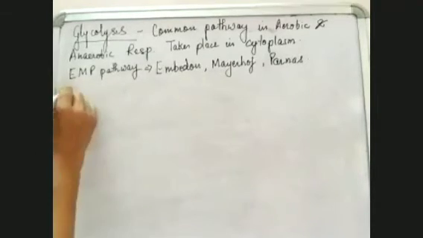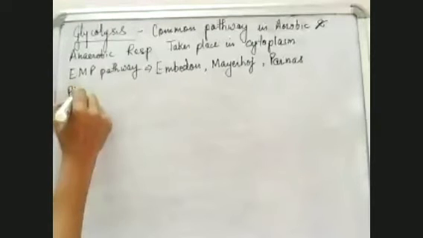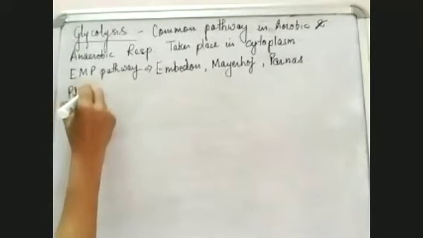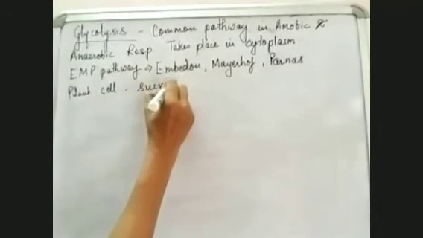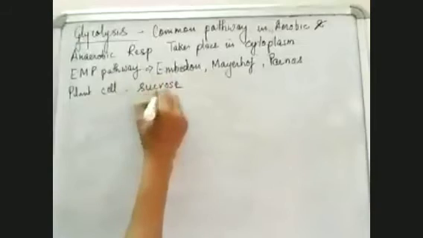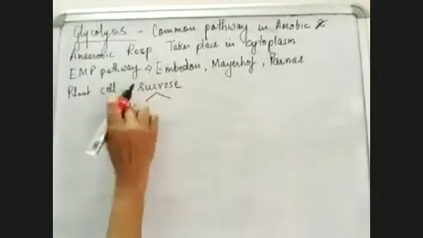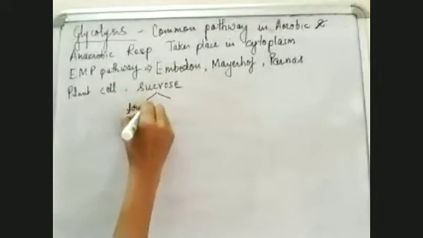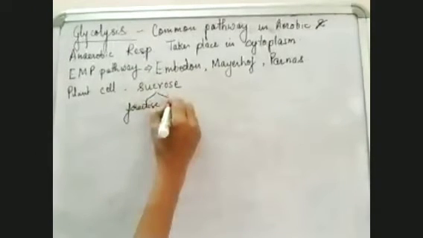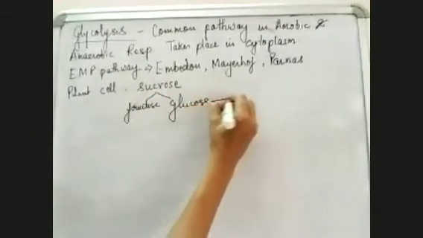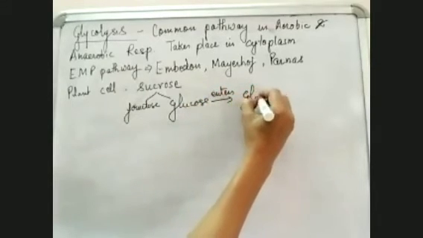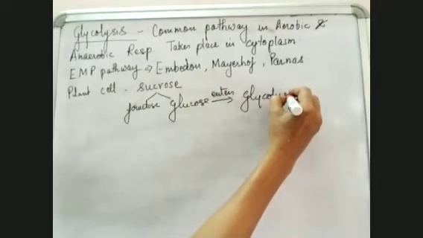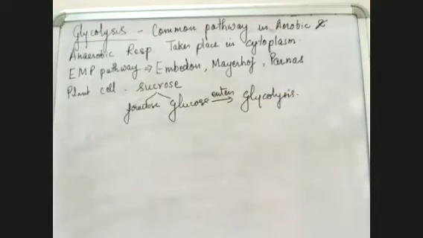So in the case of plant cells, the sucrose first gets converted into fructose and glucose. And then this glucose enters glycolysis. This happens in plant cells.